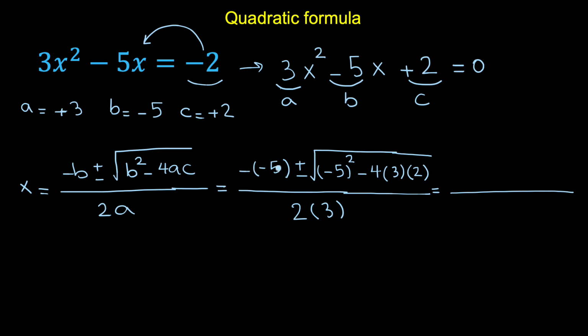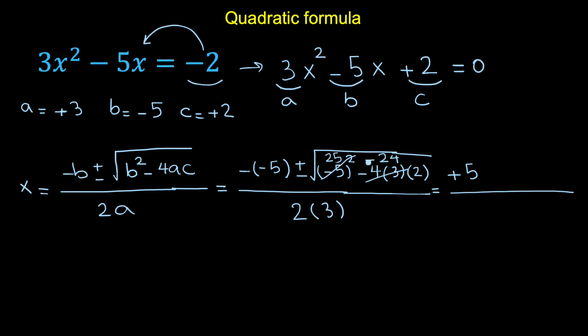And here we have minus times -5 equals +5. And in the square root, we have -5 squared, which is 25. And minus 4 times +3 times +2: minus times positive equals minus. So our answer is minus 4 times 3 times 2. 4 times 3 equals 12, and 12 times 2 equals 24.